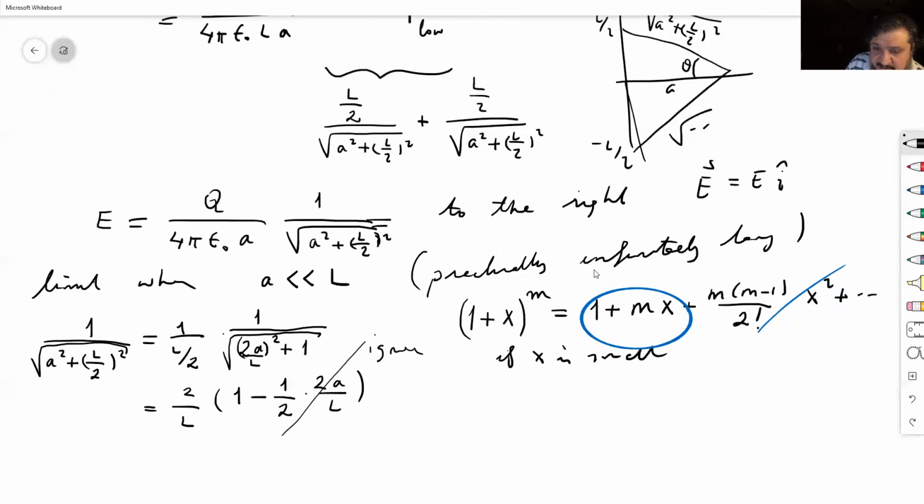Ignore that. What is left? 2 over L. So E will be Q over 4 pi epsilon A.